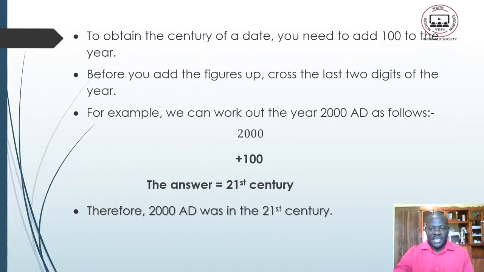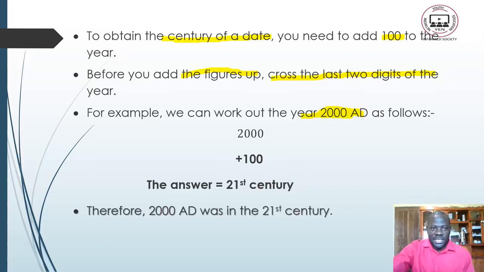So remember, a decade is 10, a century is 100, a millennium is 1000. To obtain the century of a date, you need to add 100 to the year. Before you add the figures up, cross out the last two digits of the year. For example, you are asked which century the year 2000 is in.